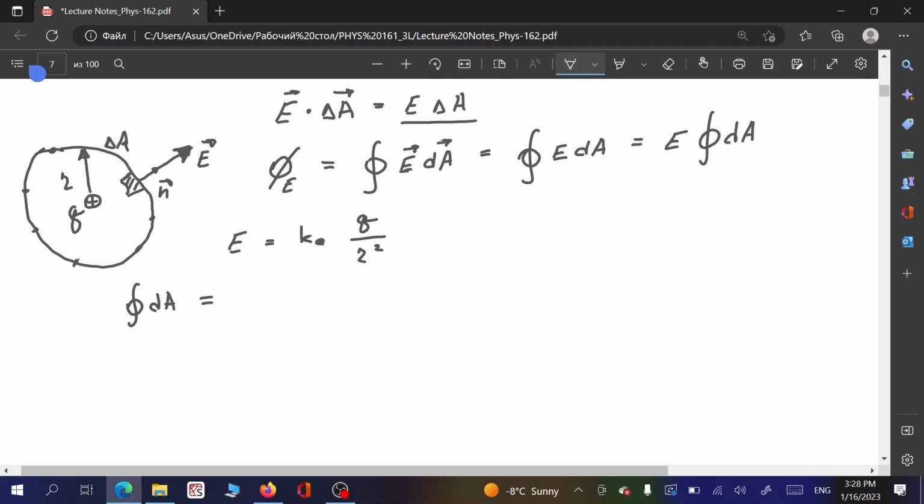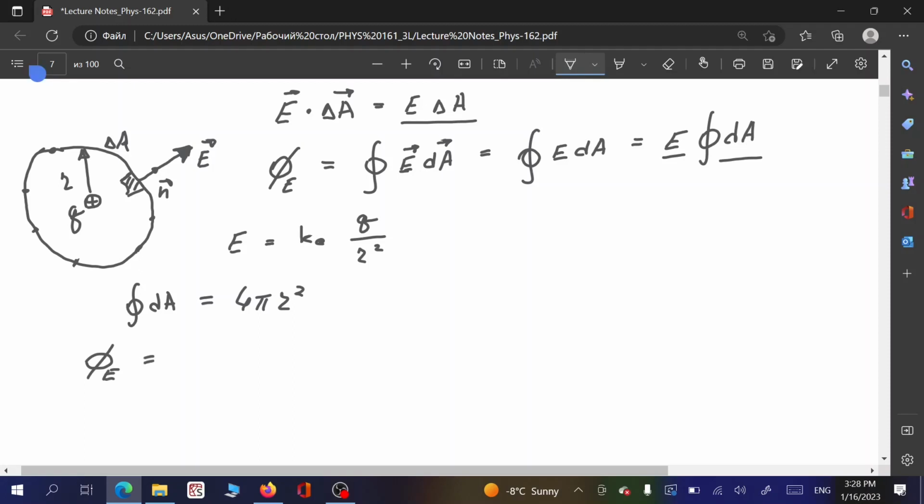Oh, that is for volume, but for surface it will be 4 pi r squared. So now we have both components of this electric field flux. So let's put this together. We have electric field flux through this closed surface.